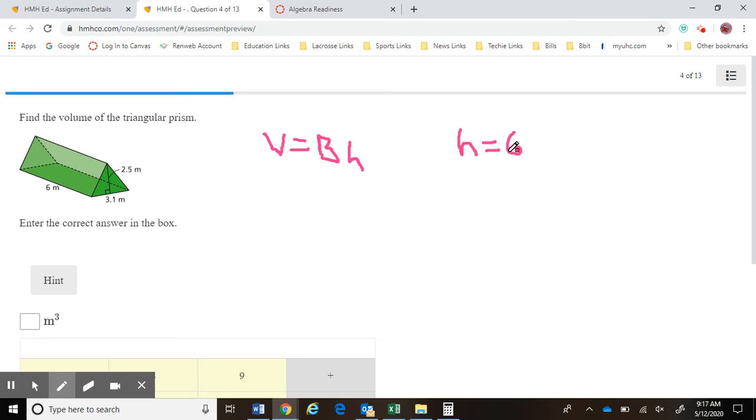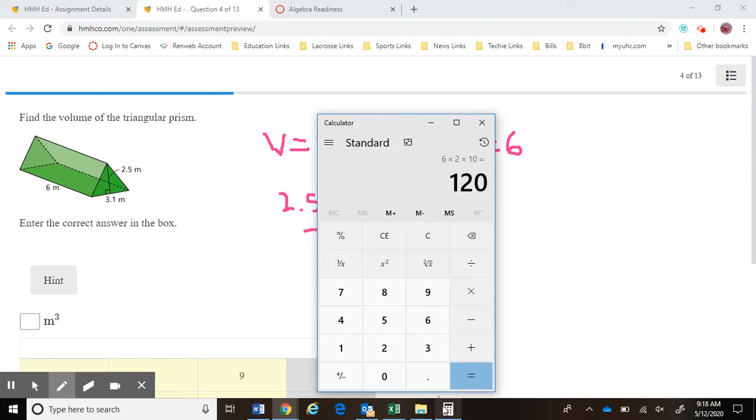And then we need to find the area of this triangle. So again, that's going to be 2.5 times 3.1. And I'm going to divide that by 2 because it's 1/2 base times height. 2.5 times 3.1 divided by 2, 3.875.